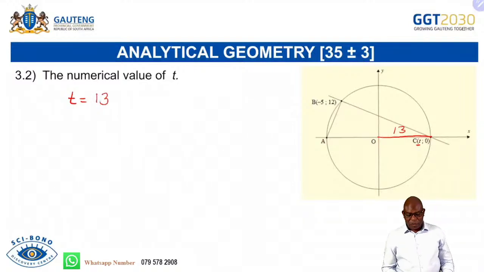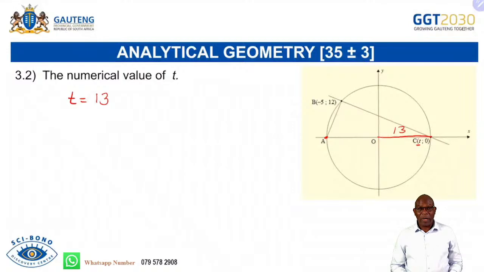Okay, so t is 13. So that point here, if the point at point A, it will be 0 and negative 13. I mean, sorry, negative 13 and 0. Because they will be talking about the coordinates. But if I'm talking about the radius, it will be 13. Okay, right.